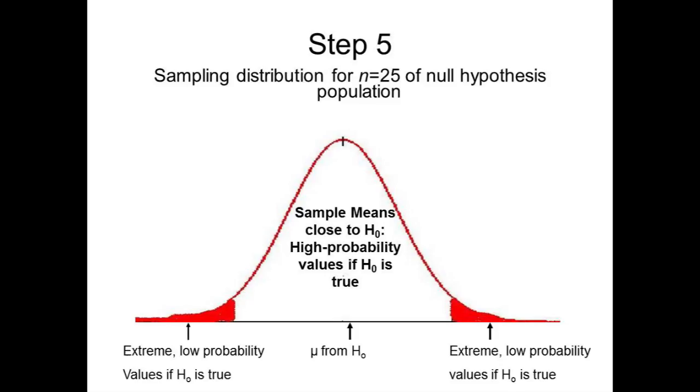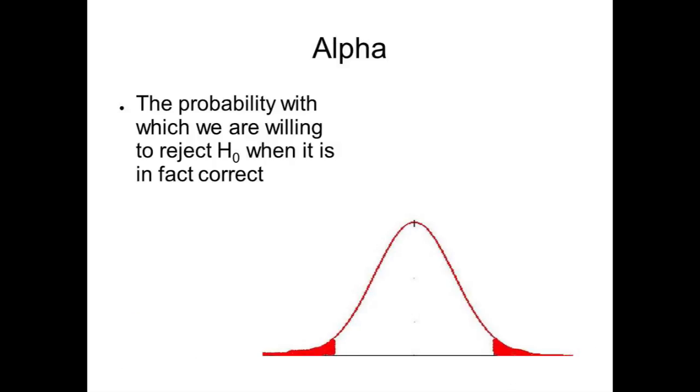But we don't just randomly color in parts of the sampling distribution in red. We need to pick a specific probability value at which to say, yes, this is unlikely enough for us to be able to say that we wouldn't get this by chance, that it's extremely unlikely. The level we set that is known as the level of significance, or the alpha level, or alpha, for the hypothesis test.